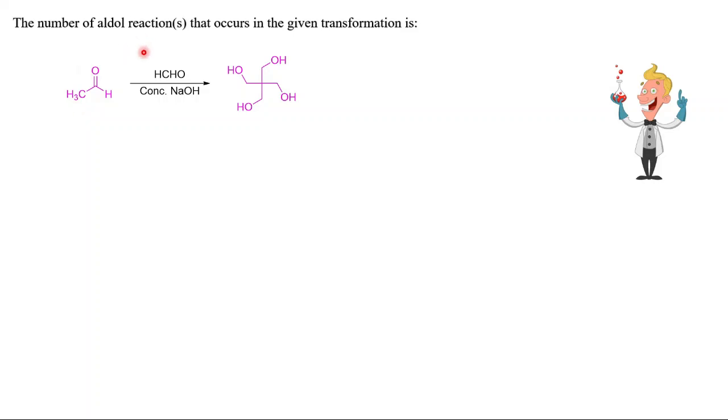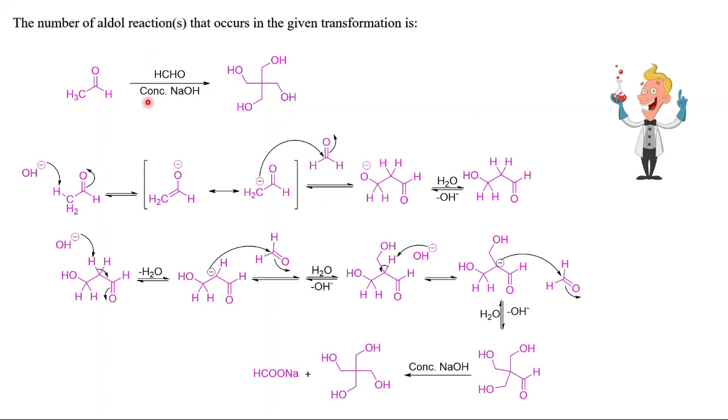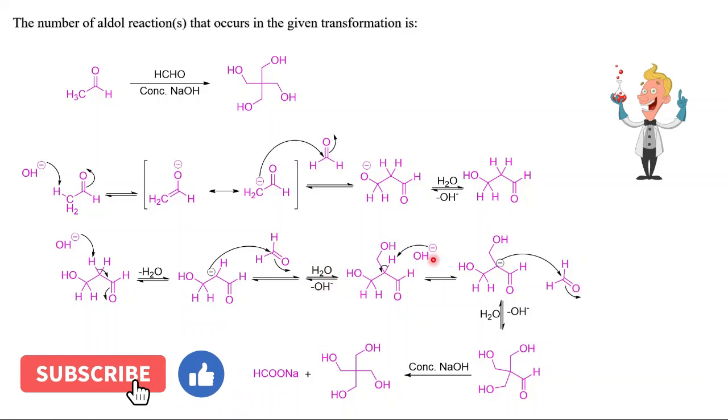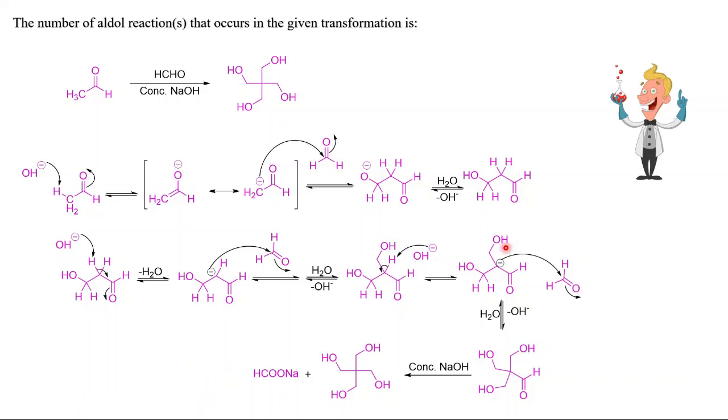I will give you the complete mechanism. Here, if you have 3 alpha hydrogens, it will take 3 steps to complete the reaction. First it abstracts the first proton, then an enolate is formed, which attacks another aldehyde, and then the product is formed, a beta hydroxy compound. At the alpha position there are 2 protons, so another proton is abstracted, then attack on another aldehyde, then water is released, another proton is abstracted, then another attack.